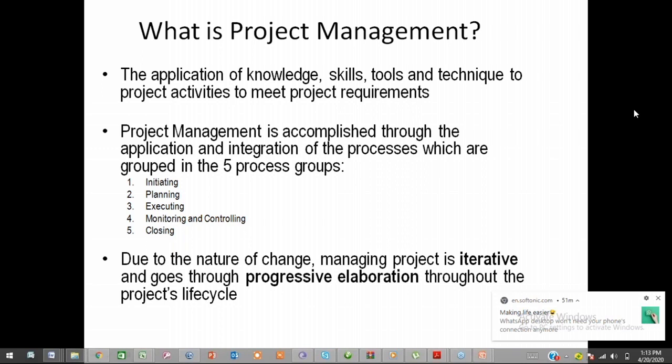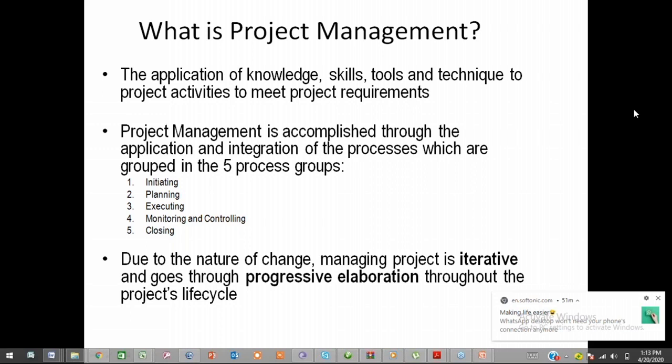Project management is the application of knowledge. What is the knowledge? PMBOK. Remember, we talk about PMBOK. PMBOK means project management body of knowledge. Skills, tools, and techniques to project activities to meet project requirements. Wisdom to meet project requirements.